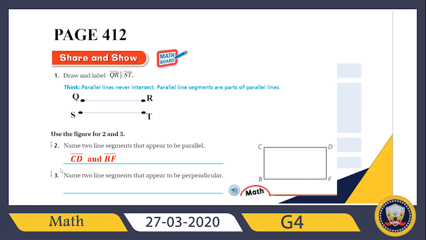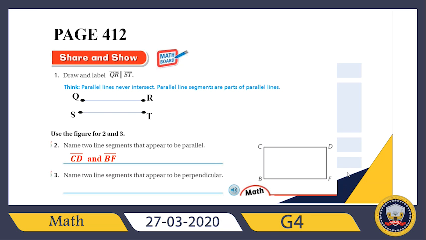What about question 3? It says name 2 line segments that appear to be perpendicular. So which ones? Let's check. If you want, you can say line segment CB and line segment BF, they are perpendicular, right? What about another option? There are more options here. Line segment BF and line segment DF, they are also perpendicular, right? Remember my square here.